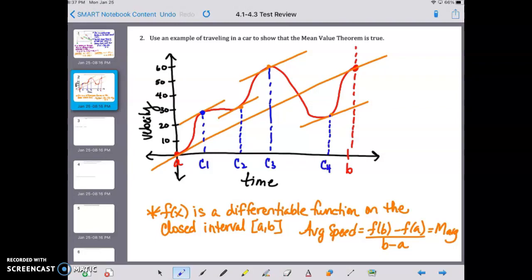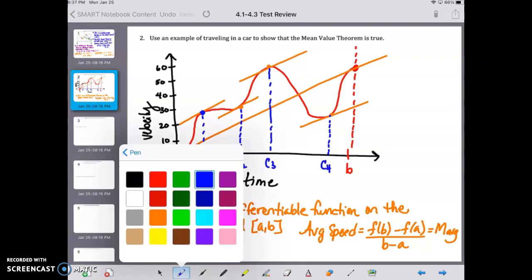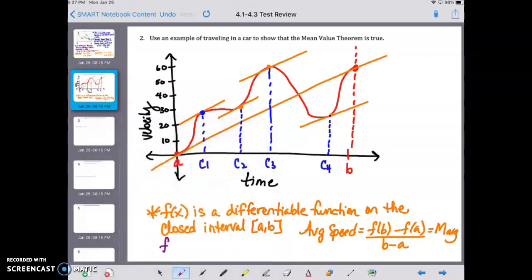So then we can say that f prime of C1 should be equal to f prime of C2, should be equal to f prime of C3, should be equal to f prime of C4, should all be equal to my average slope. So there's an example of traveling in a car to show that the mean value theorem is true.